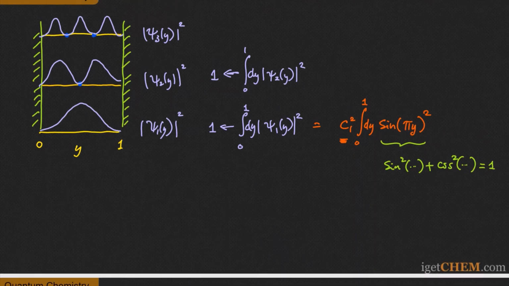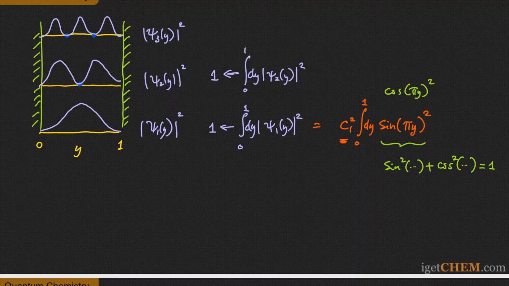So if I look at this function, which is sine squared, and then look at cosine squared of the same argument, it looks exactly the same, but it's just shifted from the boundary.